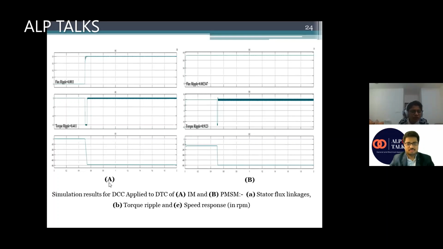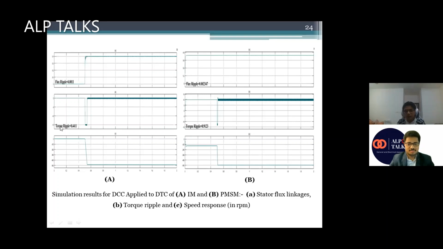You can see torque ripple in the induction motor is 0.4411, and the flux ripple is 0.912, which improved a lot. It was 1.859. So it improves a lot, and the stator flux waveform also becomes very smooth.